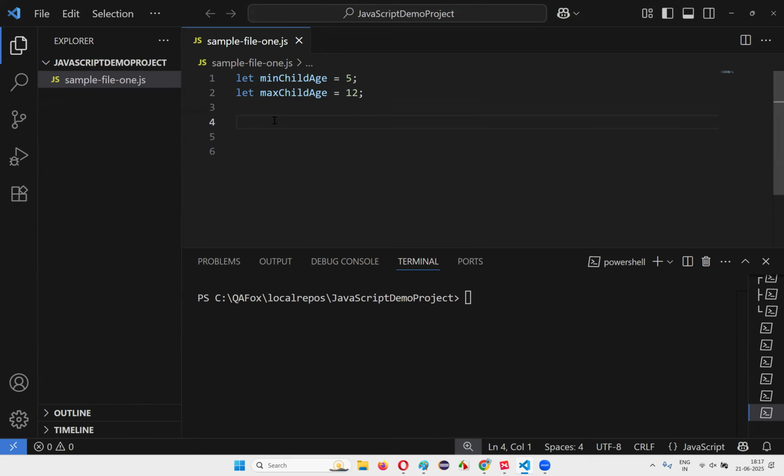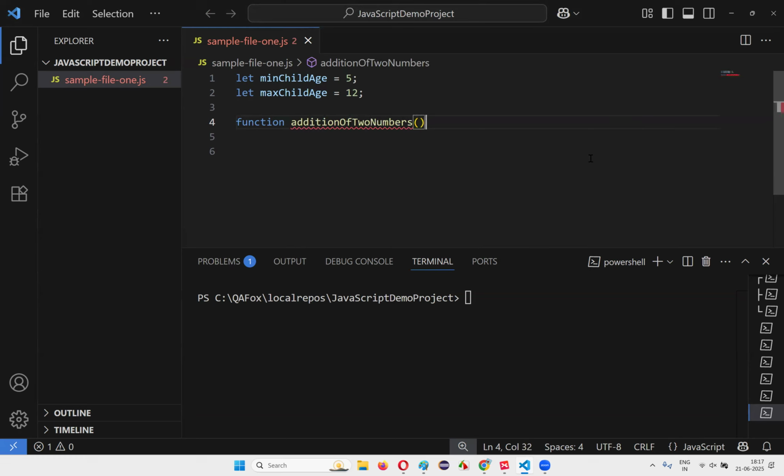And the next one we have is functions. Function welcome. Or else I'll just give some other name. function additionOfTwoNumbers. Like this, I am giving one function name.